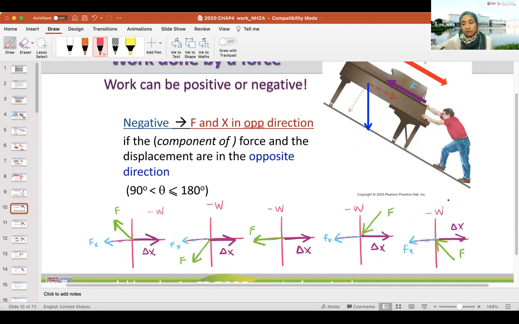These are different instances where you would have a work done that is positive or negative. The angle is from 90 to 180 with respect to the displacement. Anything in this region will be negative.